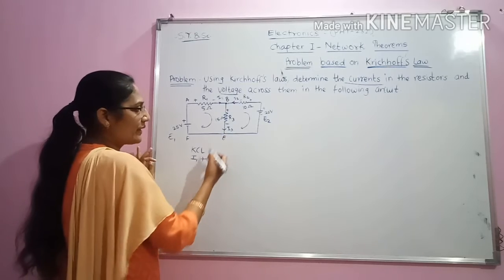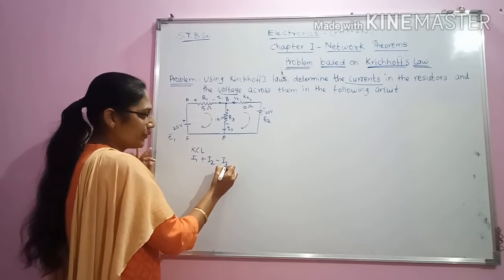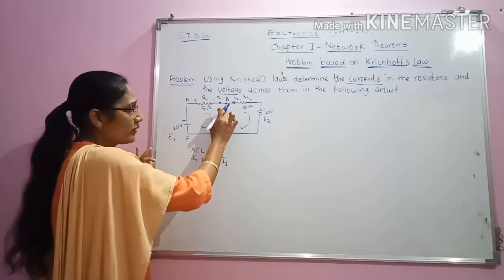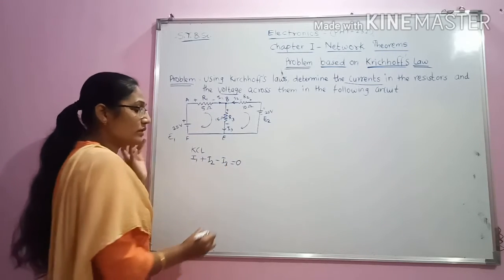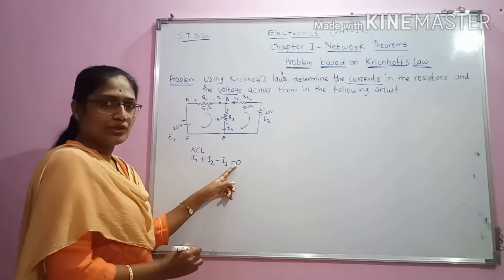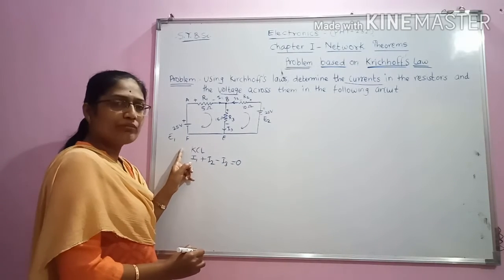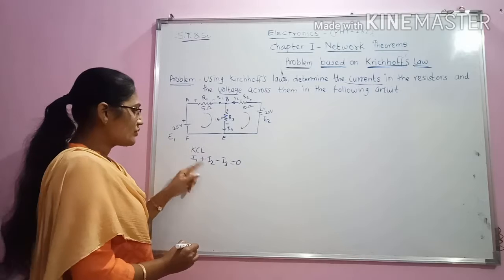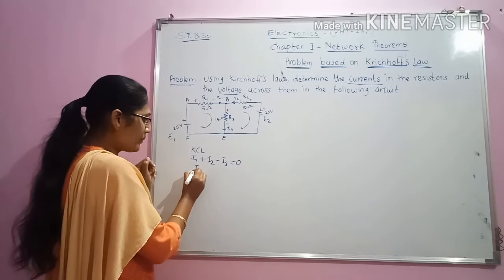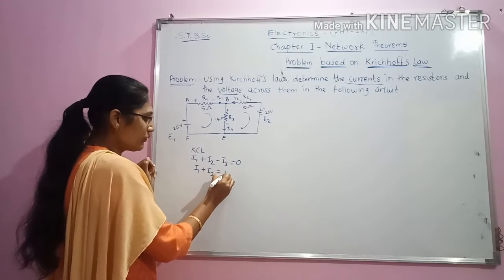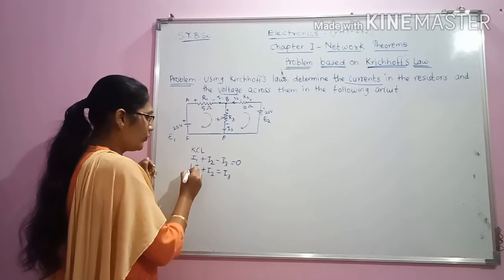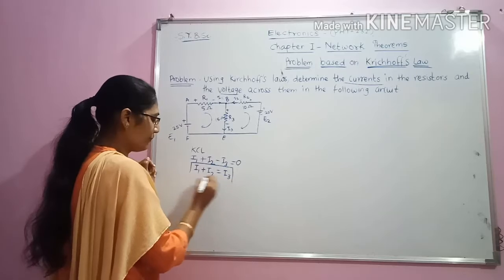But the value of I3 will be negative because it is going away from the junction, and the algebraic sum of these currents will be equal to 0. That is the statement of Kirchhoff's current law. Hence, from this equation, we obtain I1 plus I2 is equal to I3.